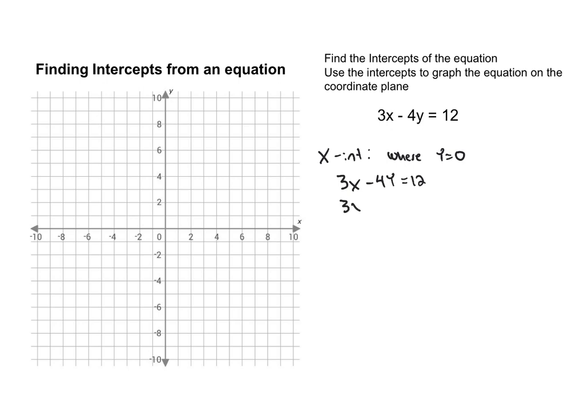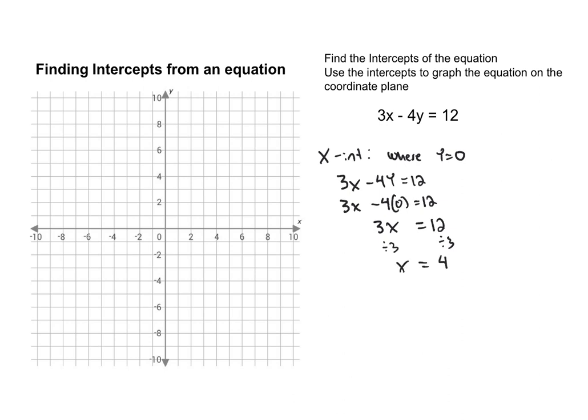So it'll be 3x minus 4 groups of 0 equals 12, and then we can just simplify. So that is 3x, negative 4 times 0 is just 0, so 3x equals 12, divide both sides by 3, and we have x equals 4.